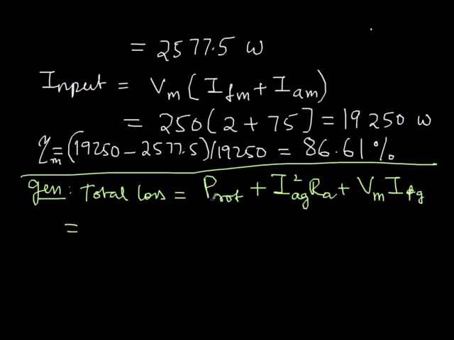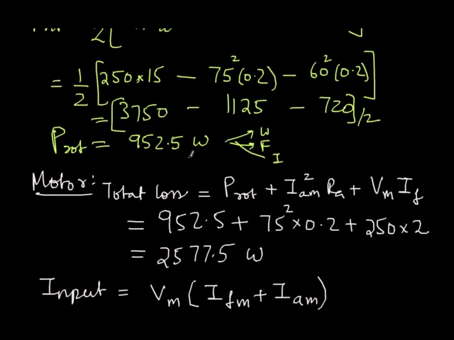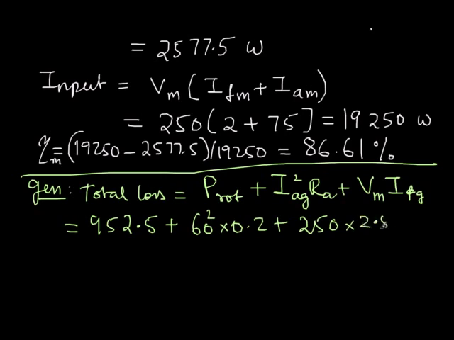Now the rotational losses are the same for both. That's why we divided by 2. So this is 952.5 plus the generator current, which is already given in the question, 60 amperes into 0.2, plus 250 volts times the generator field current given as 2.5 amperes. So we have all the numbers now.